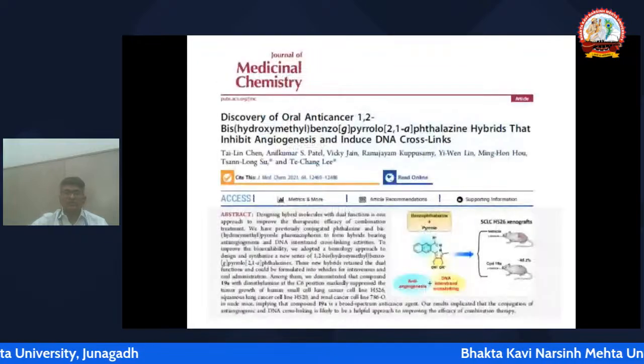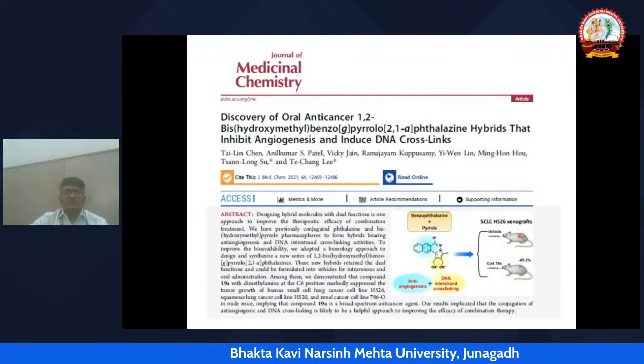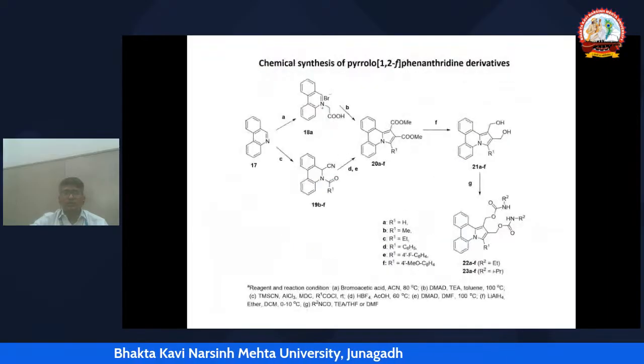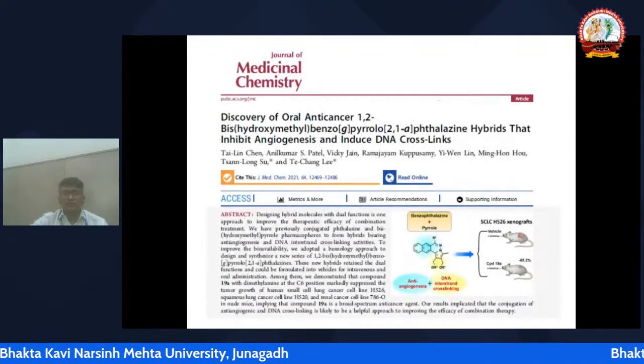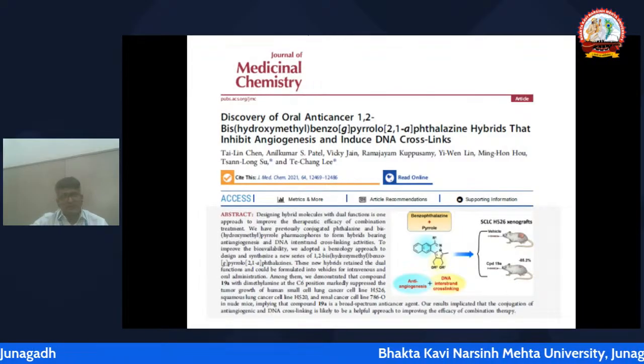Next, particularly these molecules we have published in JMC again in 2021.